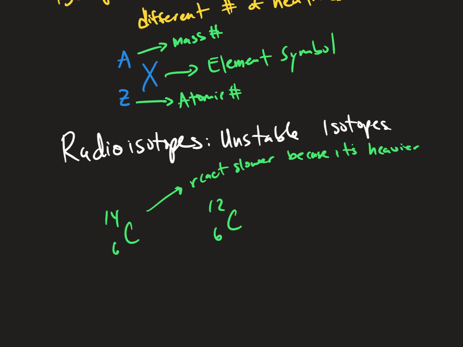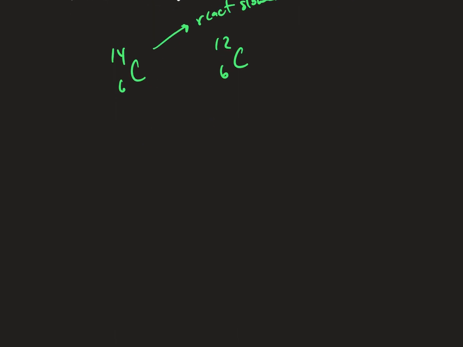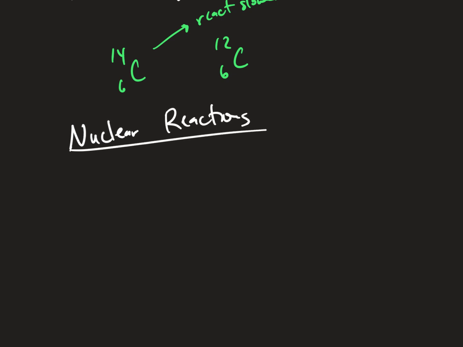So let's talk about the difference between a nuclear reaction and a chemical reaction. So I think we're pretty familiar with chemical reactions, right? Okay. So instead of the electrons changing, so we already talked about that, the nucleons change, right? Involves the nucleus.